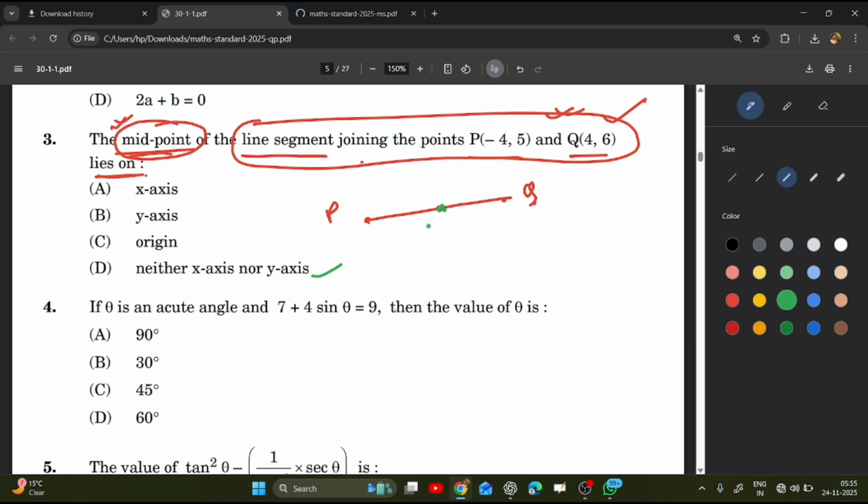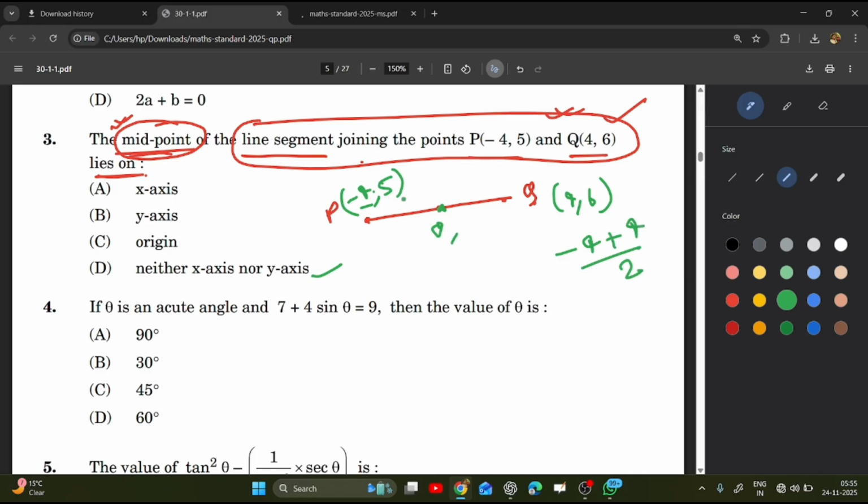The coordinate of P is -4 and 5, and the coordinate of Q is 4, 6. So the x value of this midpoint will be -4 plus 4 by 2, so 0.